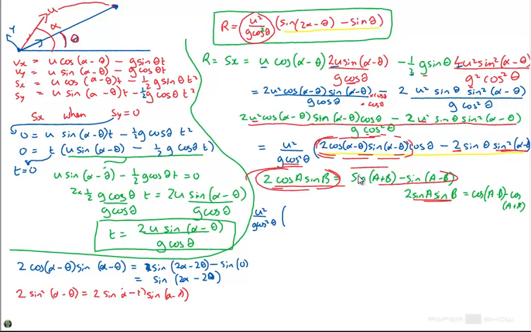So that's our A and B, so that's equal to cos of A minus B, A and B are the same, so it'll be cos of 0, minus cos of A plus B, which in this case would be 2 alpha minus 2 theta. So that's equal to 1 minus cos 2 alpha minus 2 theta.